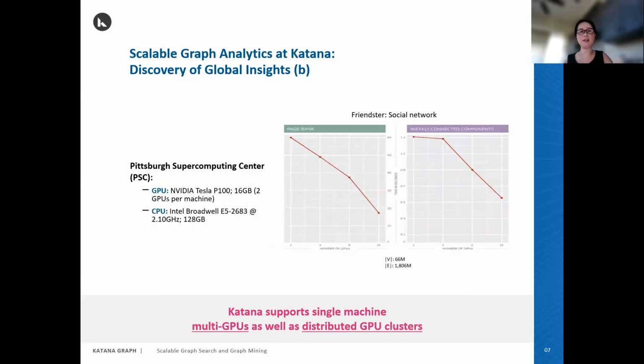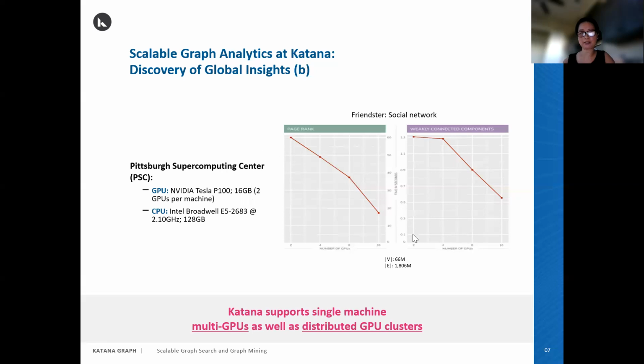Katana Graph also works with the Pittsburgh Supercomputing Center. You can see it on the social network graph Friendster, with 66 million nodes and 1.8 million edges. With the increase in the number of GPUs, you can see Katana Graph performing the tasks of PageRank and weakly connected component search.